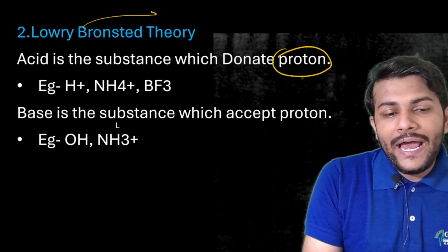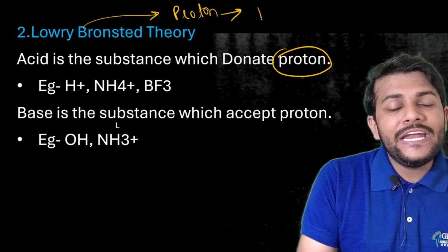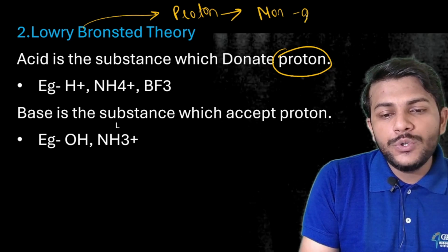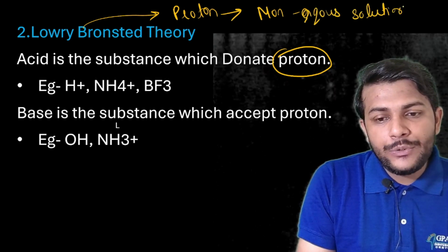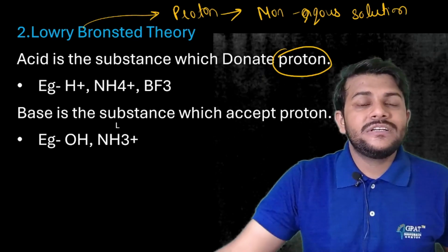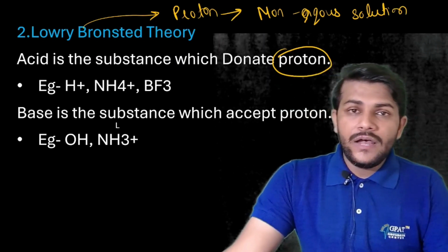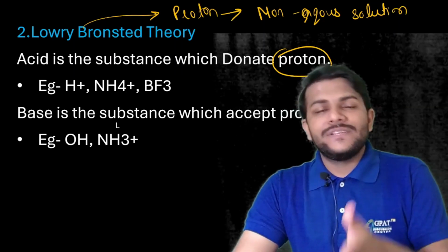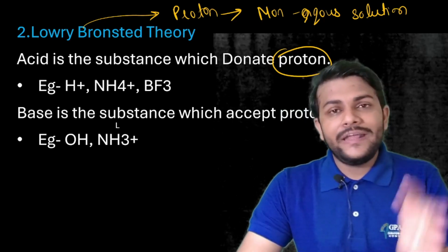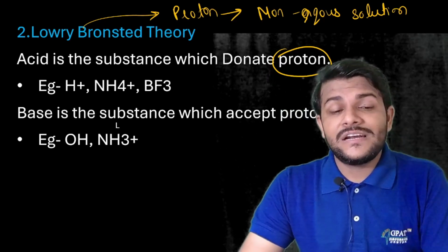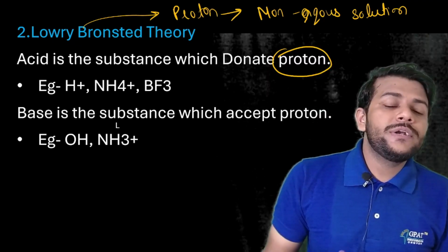Bronsted theory is basically for the proton, and it is relevant to non-aqueous solutions. We have titrations like precipitation titration, complexometry titration, diazotization titration, gravimetry, and non-aqueous titration. In non-aqueous titration, the acid-base concept taken as a reference, as a standard, is the Bronsted-Lowry concept. So what exactly is an acid according to Bronsted?